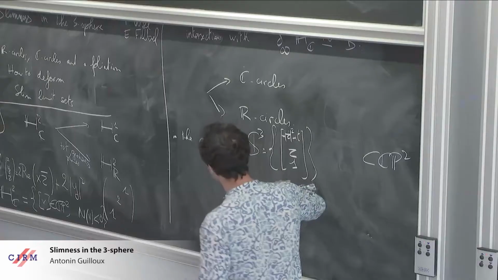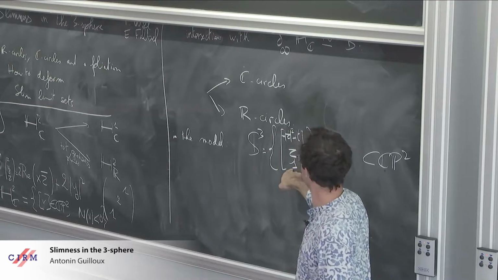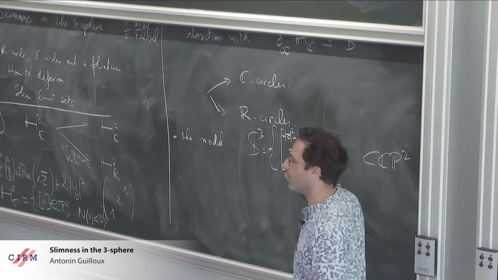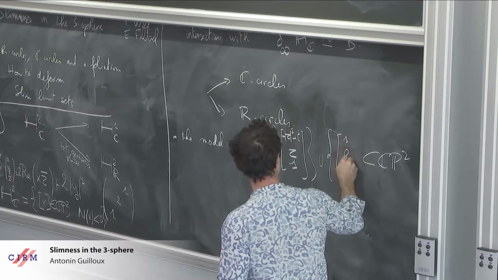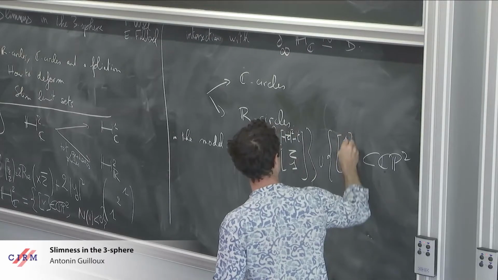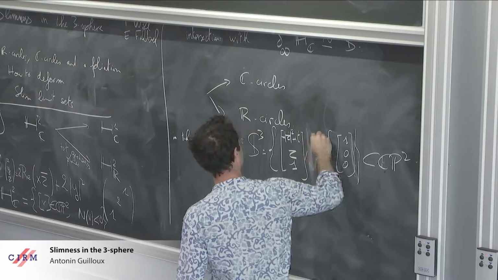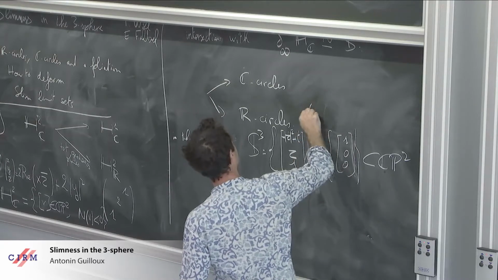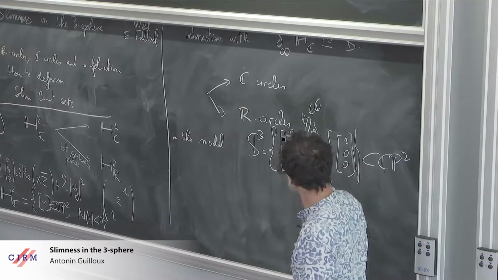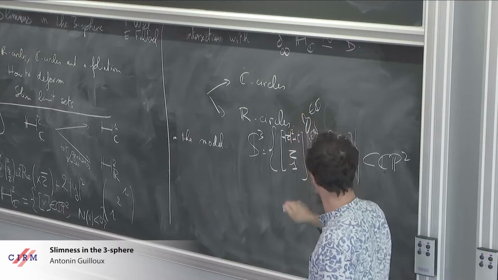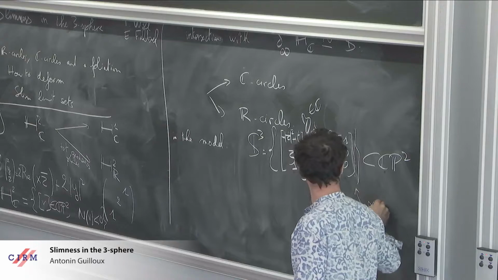So, if you look at the null vectors in CP2, they are the vectors which in the affine chart are of this form, with Z any complex number and T any real number, and one point at infinity.